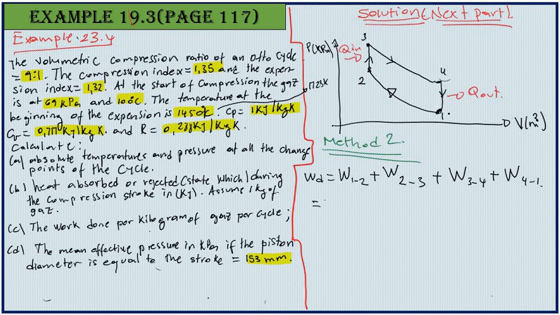to determine the work done. So the work done from 1 to 2 here is given by P1 V1 minus, but here we don't have the volume, so we need to write this in terms of the temperature only.